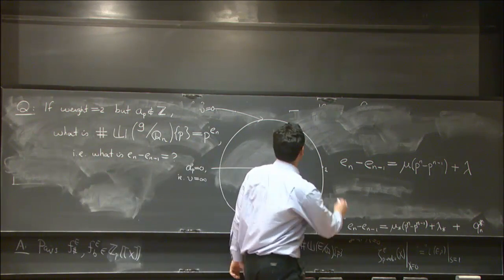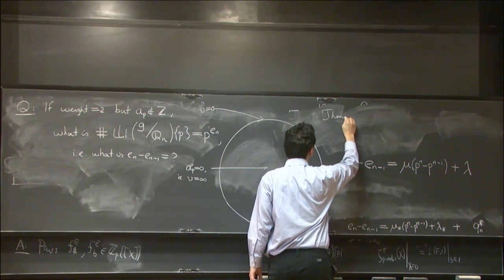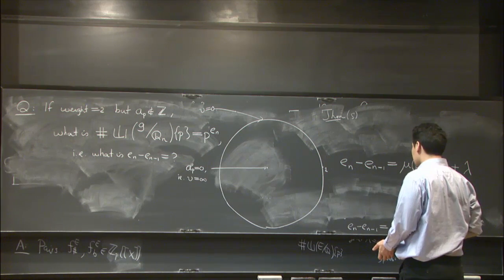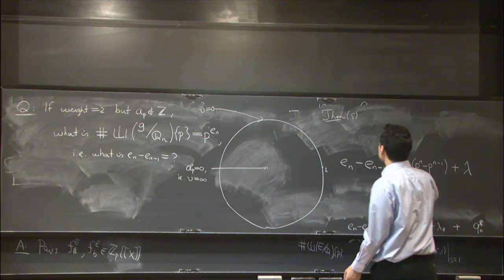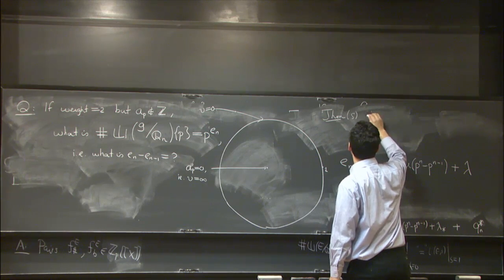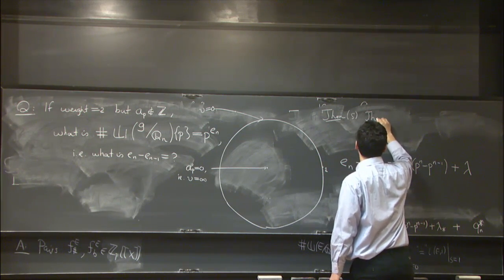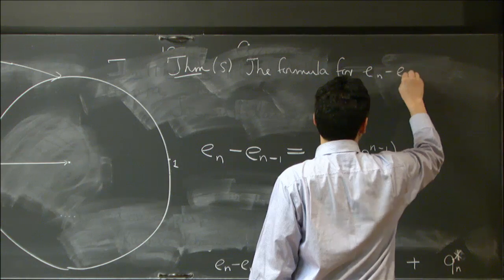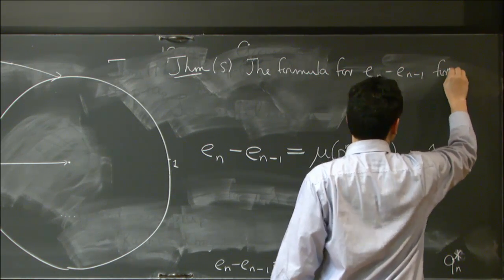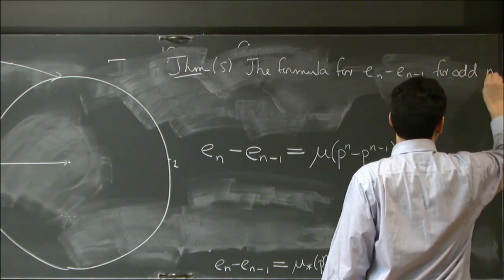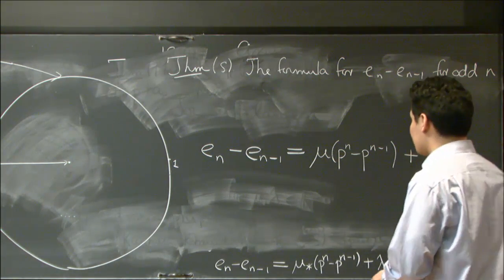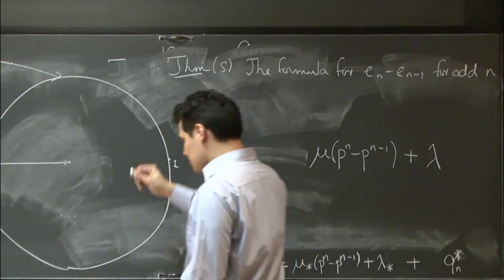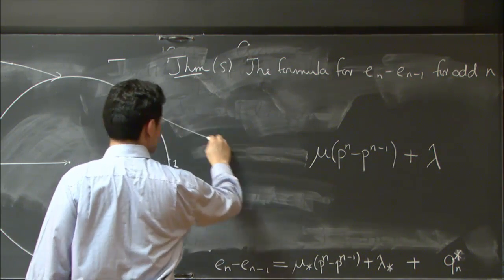Now the theorem says the following formula holds. Let's just say for odd n, the formula for E_n minus E_n is this one when you are on the boundary, when you're somewhere here.